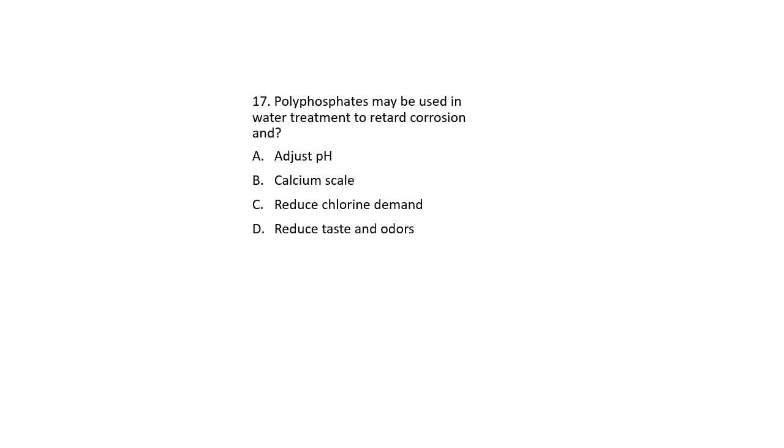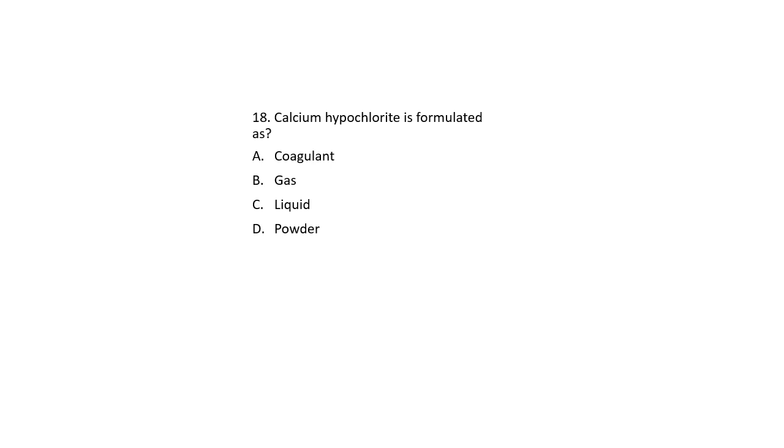Polyphosphates may be used in water treatment to retard corrosion and adjust the pH, calcium scale, reduce chlorine demand, reduce taste and odors. Answer is B, calcium scale. All right, calcium hypochlorite is formulated as coagulant, gas, liquid, powder.